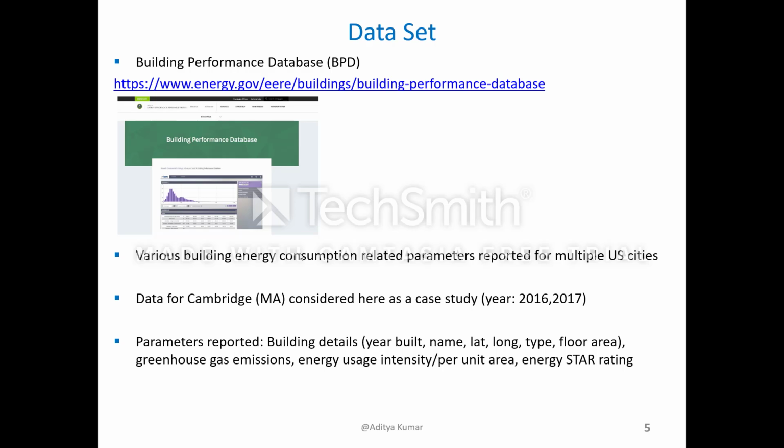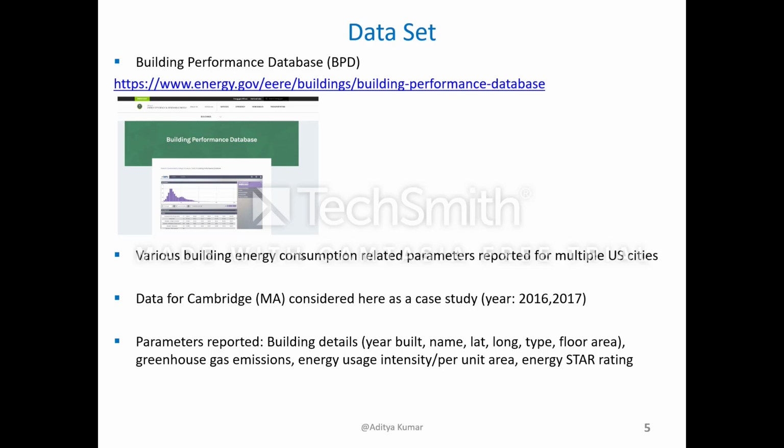It has data for 2016 and 2017 available, so I'm just using data for that city. The parameters are the same for other cities as well, so we could have used either of the cities and it would not have made a lot of difference.